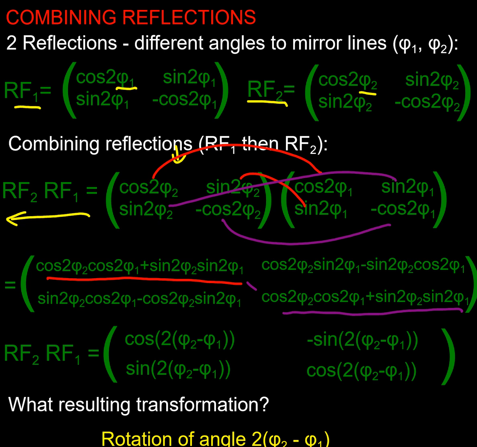So these two corners, top left, bottom right, have got the same expression in, and we know from compound angles, if the sign's positive in the middle, we're doing the difference. So here I've got the cos of the difference of the two angles. So I've written it as phi2 minus phi1.